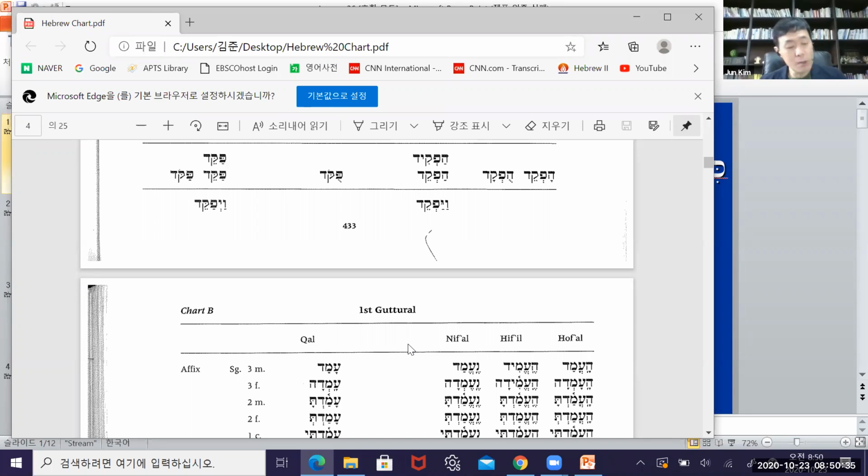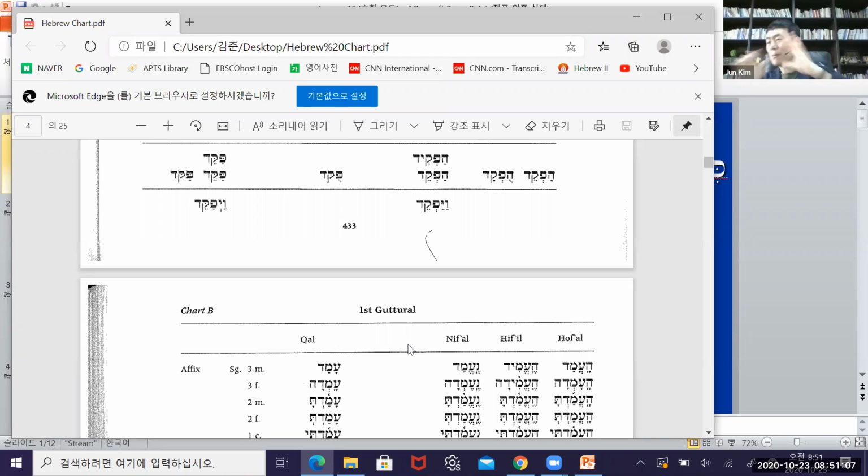In the case of PL, it will always carry dagesh forte in the middle. But you need to understand the secondary difference. What is it? The vowel point under the first root letter. In the case of Kal, normally it is shewa under the first root letter, and then in the PL stem it should be pata. So now you see the difference between the Kal stem and the PL stem.